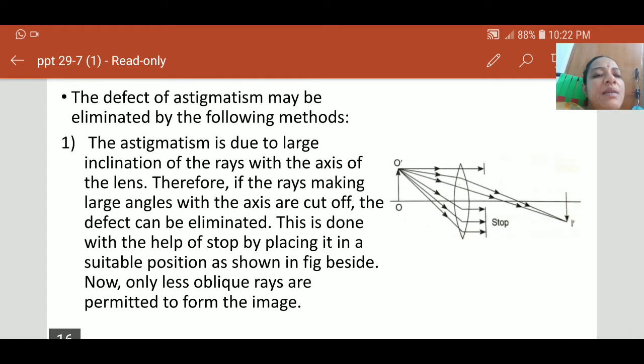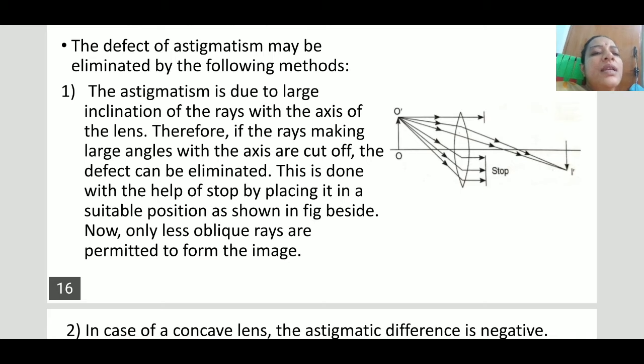The astigmatism is due to a large inclination of the rays with the axis of the lens, because due to the alignment of the meridian plane and the sagittal plane, the rays are considered to be making large angles with the axis.